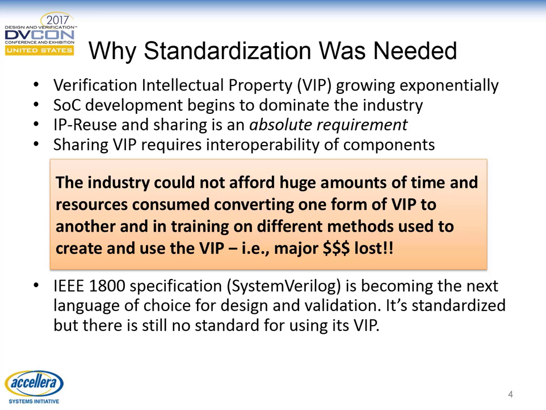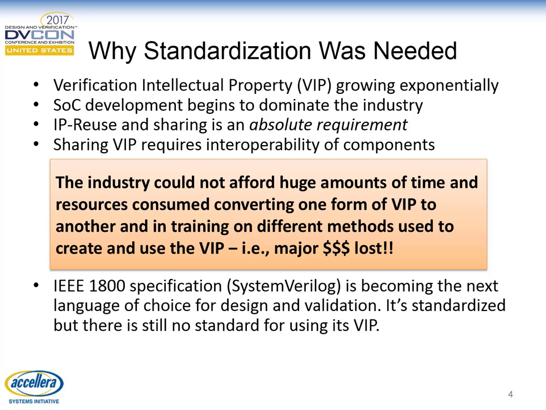And really, the core of this is that the industry benefits from this tremendously. We just couldn't afford the significant amount of time and energy and effort consumed converting from one form of VIP to another. And so that was the reason UVM came about. It was to enable the industry to save on reuse and effort on conversion between the different standards.